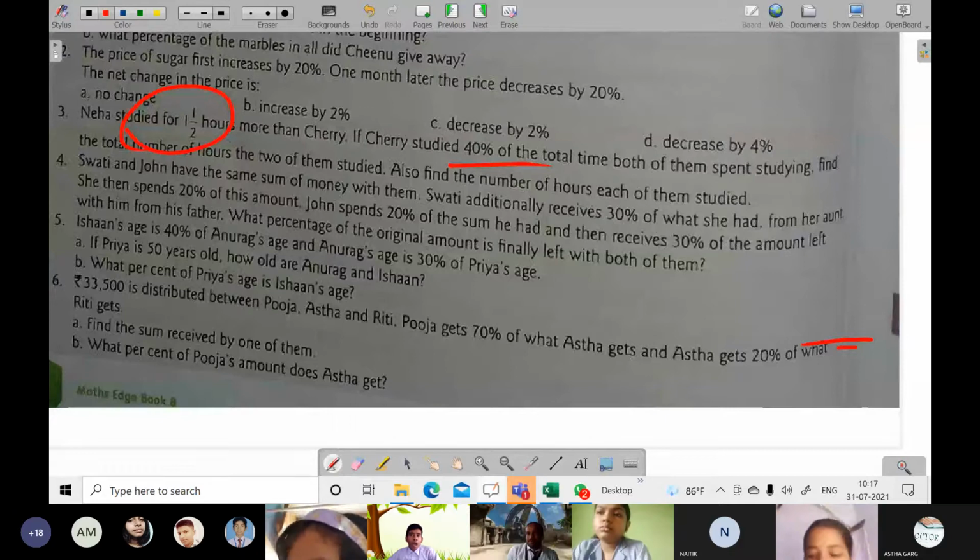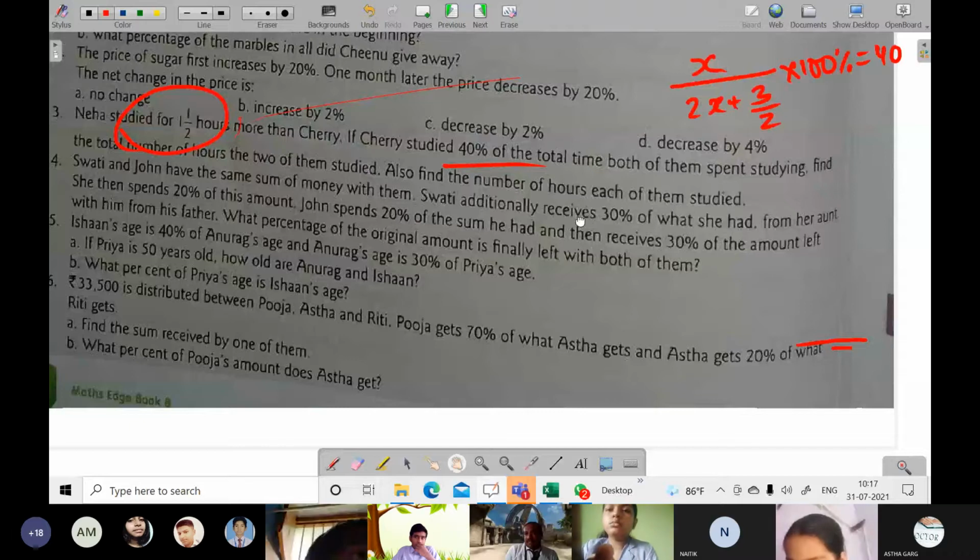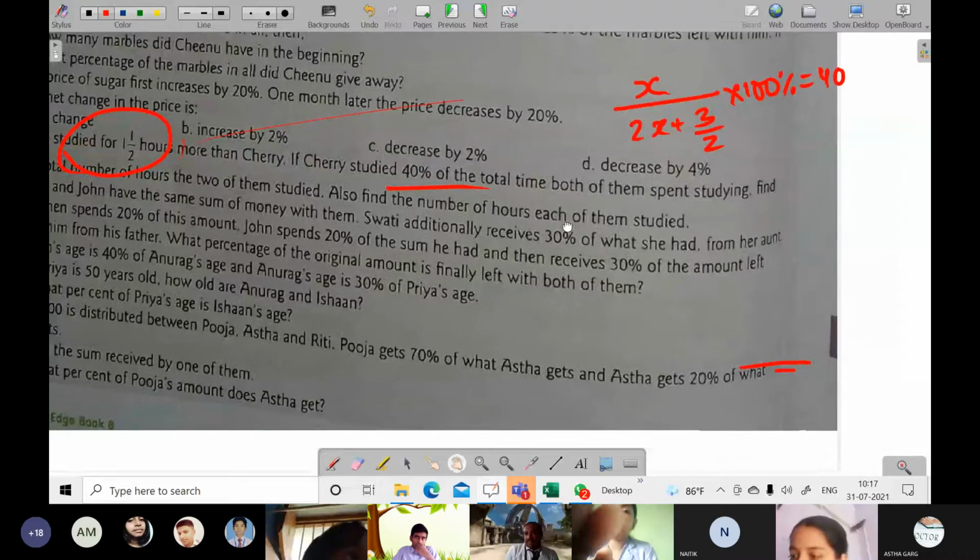So what will happen? x by 2x plus 3 by 2, that will become hours, into 100% will become 40%. If you solve this, you will get the value of x, and you will get the value of Cherry's study time.